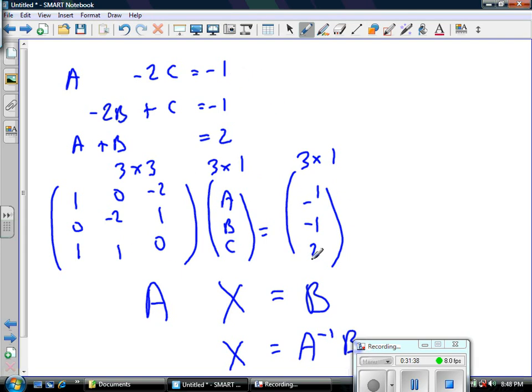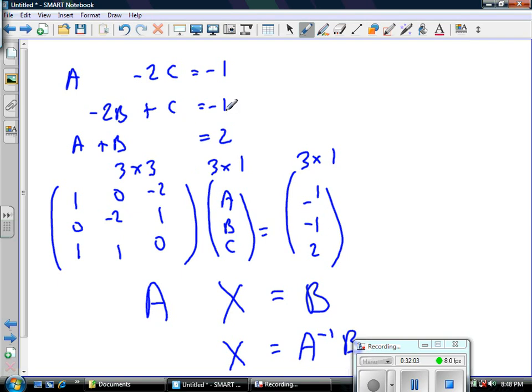This is just a restatement as one matrix equation of these three equations. Look, if I multiply this row vector by this column vector, I get this equation. 0 A's plus negative 2 B's plus 1 C has to equal that component.